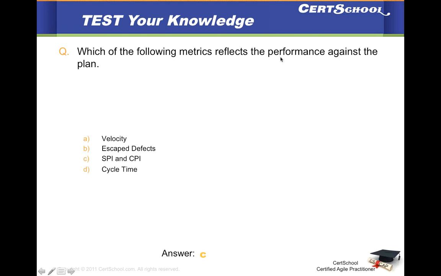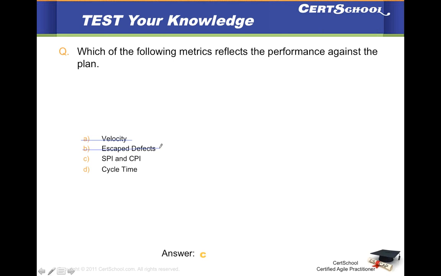Where are you checking the performance against a plan? If you eliminate the wrong ones, it's very simple. Velocity is wrong, because it is not against a plan. It's a metric that tells you how much work a team can put out in a sprint. Escaped defects is a different metric altogether.